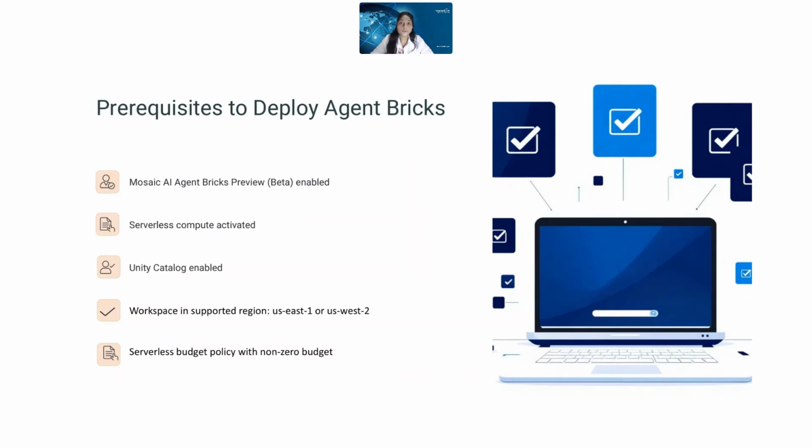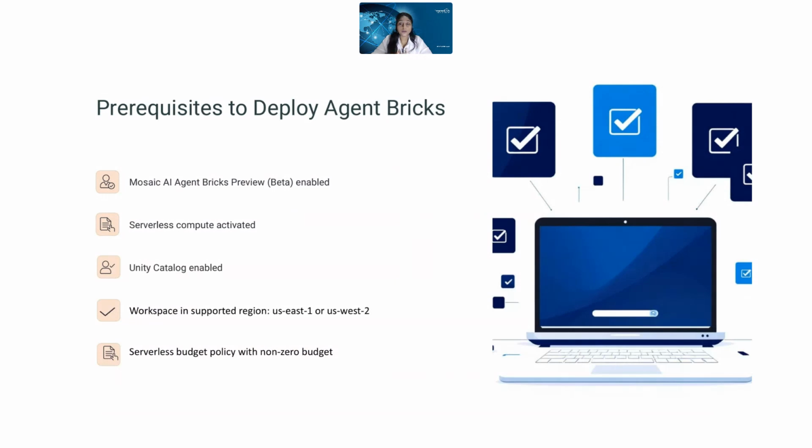Before we start with the deployment of our agent brick, we are supposed to have these prerequisites in check. To start with, we need to enable one setting, which is Mosaic AI Agent Bricks Preview. We are supposed to have serverless compute and Unity Catalog enabled as well.